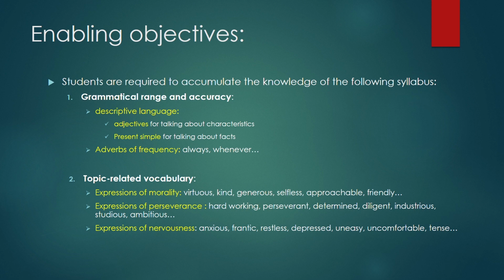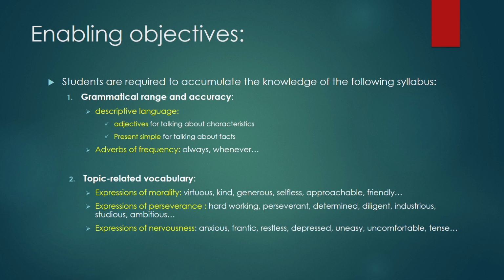Expressions of perseverance, we have hardworking, a person who works really hard. We have perseverant, the same thing, determined, a person who has the will to succeed, has determination. Diligent, the same thing, a person who is hardworking. Industrious, a person who works really hard in an industry, in a job, in a profession.